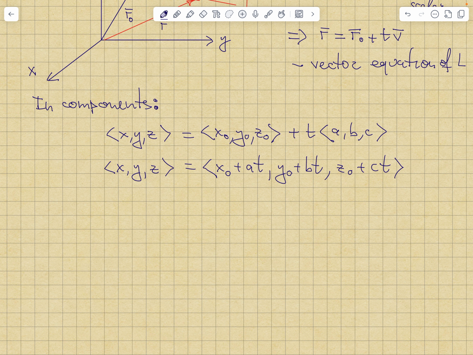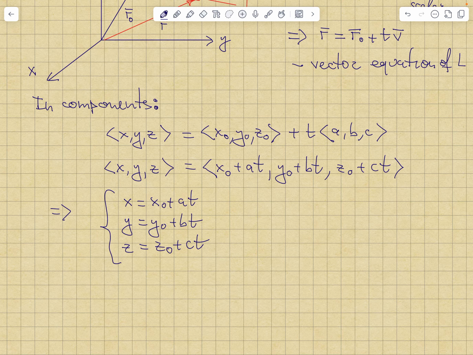And so that means that x should be x0 plus at, y should be y0 plus bt, and z is z0 plus ct.